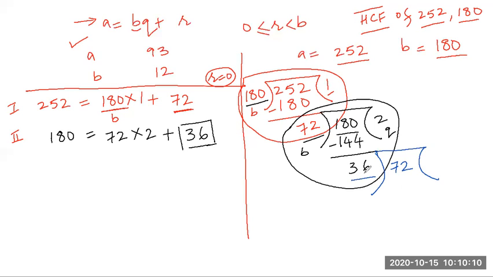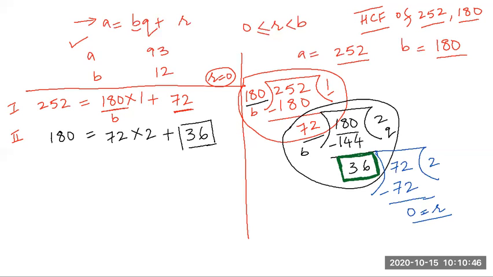Now you can guess, students, 36 twos are 72. Now nothing here. 72 minus 72 is 0, means my remainder is 0. If my remainder is 0, then students, something very interesting. What is my HCF? In the last step, when my remainder became equal to 0, my divisor is the HCF of both the numbers.